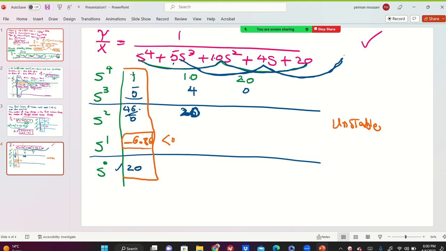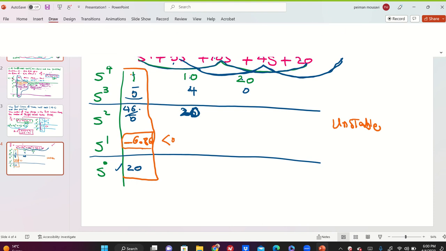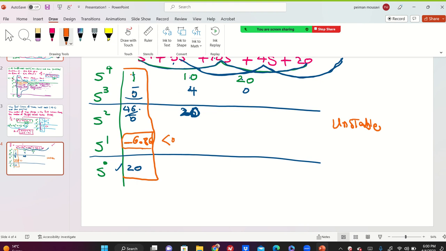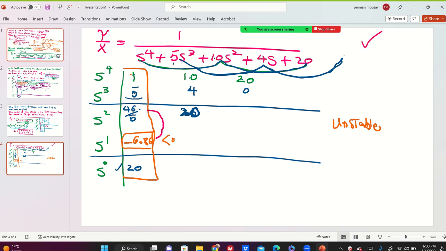What's wrong with this, guys? From this to this and from this to this. So you have two right-hand poles. Understand, everyone?